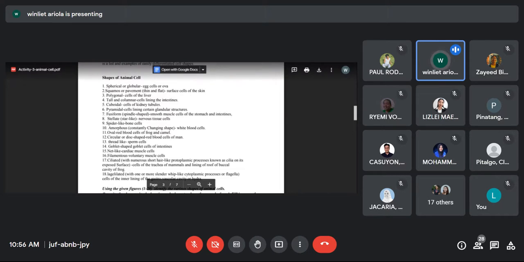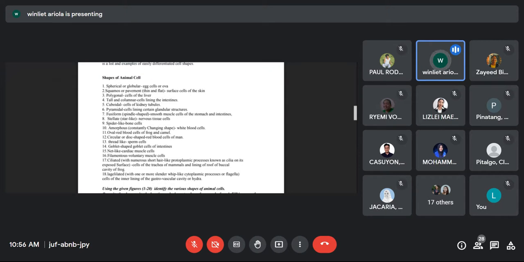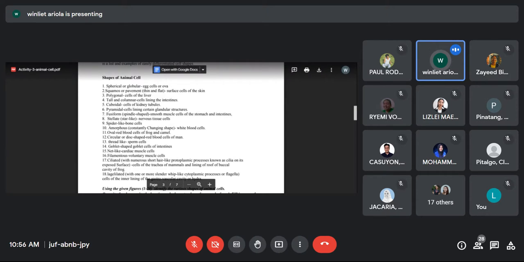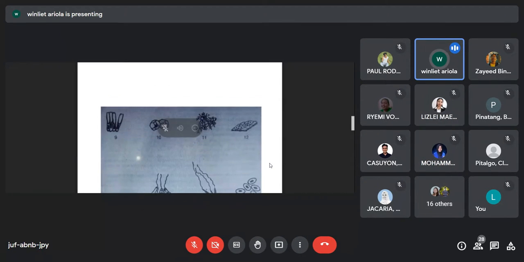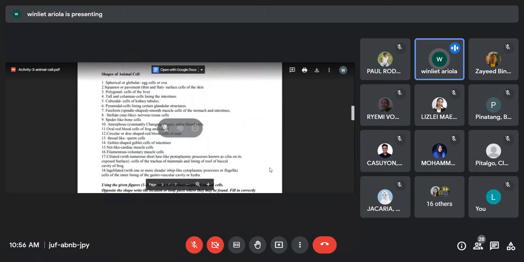And then squamous or pavement is surface cells of the skin. I want you to familiarize or memorize this part also. This will also be part of your exam. So I will not be giving you these pictures to identify kung anong tawag diyan, but kung saan na lang sila mahahanap.